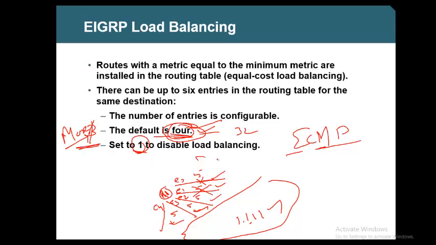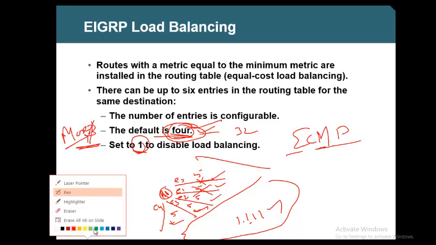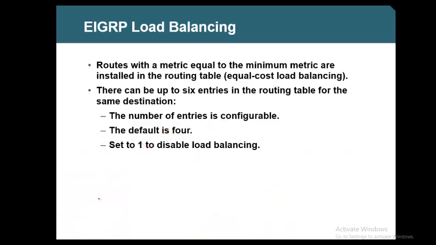That disables the load balancing. Even though you have equal cost multipathing, because you said max path 1, ECMP cannot be used.